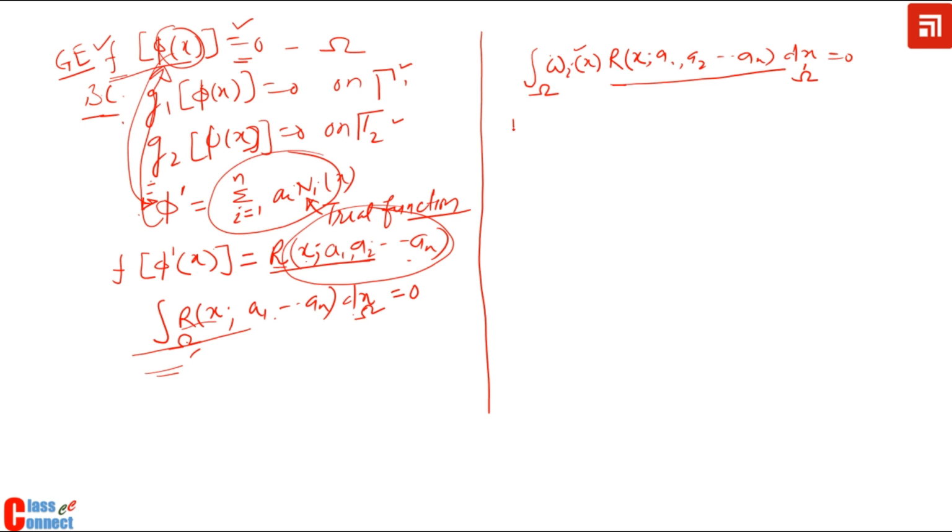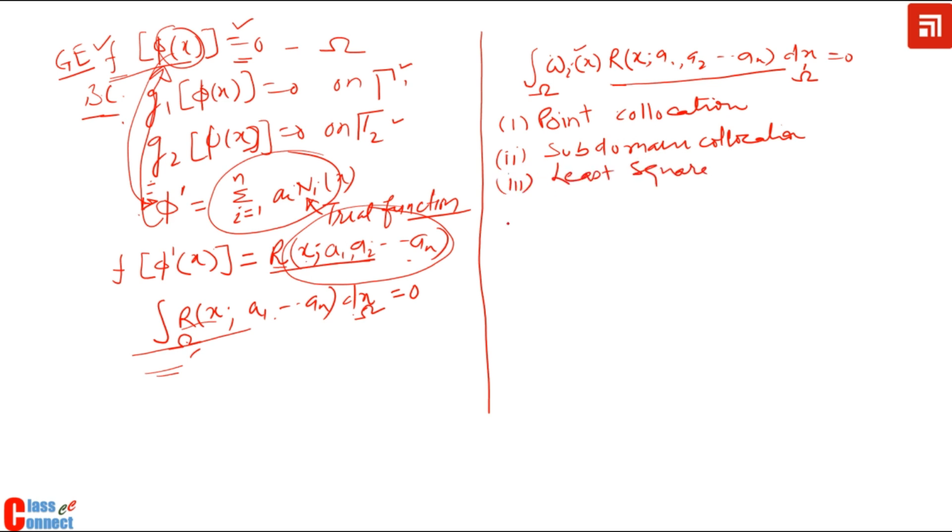There are 4 different types of weighted residual method. Number 1 is the point collocation method, second is the subdomain collocation, third is the least square, and fourth is the Galerkin method.